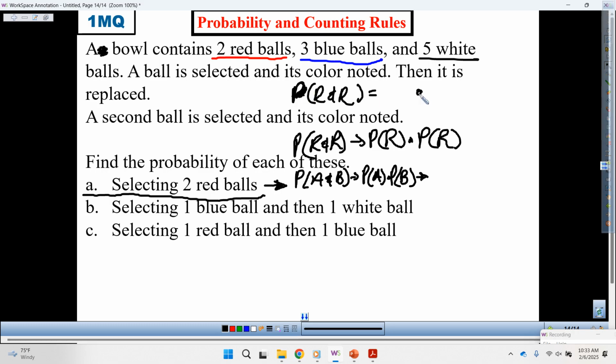is what times what? Tell your neighbor what you're going to multiply there. We're going to pass someone. Aleshka. So, probability of getting a red one.